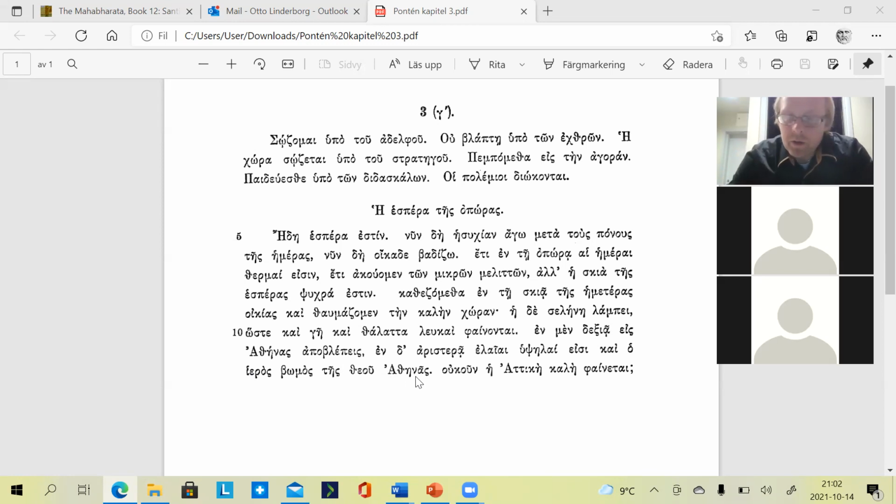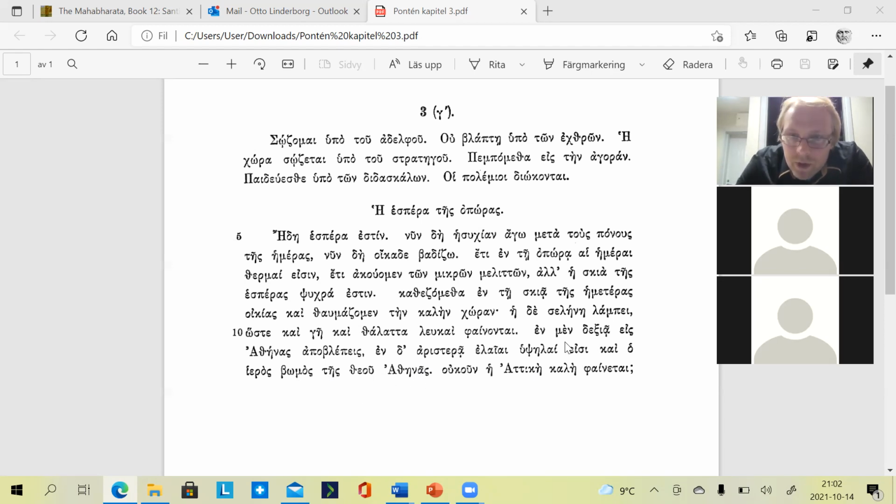I gave the paradigm for this name in the lecture. It's one of these contracted first declension feminine nouns, here in the genitive case, of the goddess Athene.